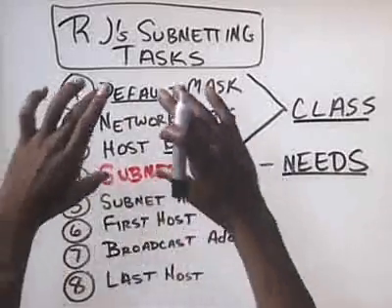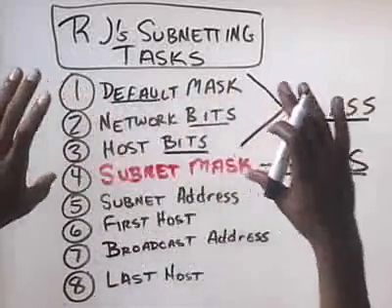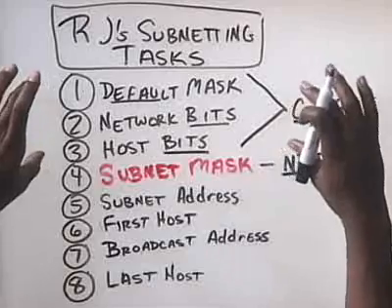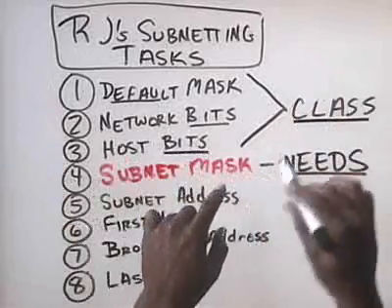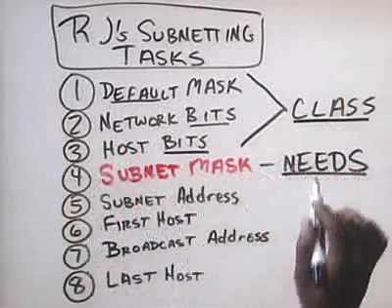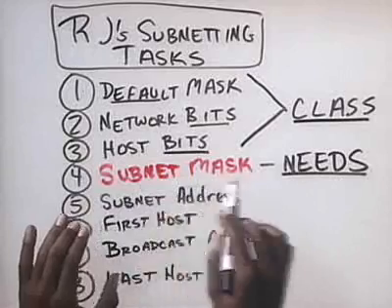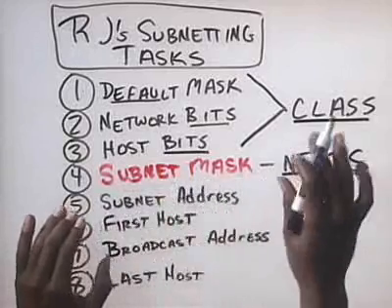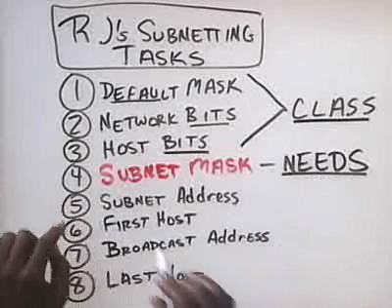And therefore you would take whatever given address you're working with, and then you come up with a subnet mask based on those customer requirements, the needs. By the way, we'll take a look more specifically at each one of these, particularly this subnet mask, when we get into our examples.